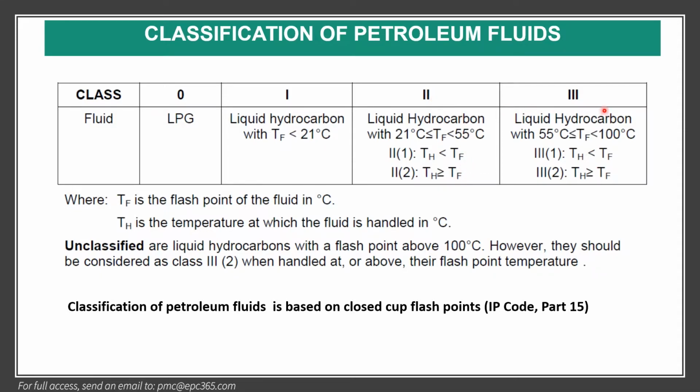Class 2 and class 3A depend on whether the temperature at which the fluid is handled, TH, is less than flash point or greater than flash point, etc. These are definitions which are based on the IP code part 15.